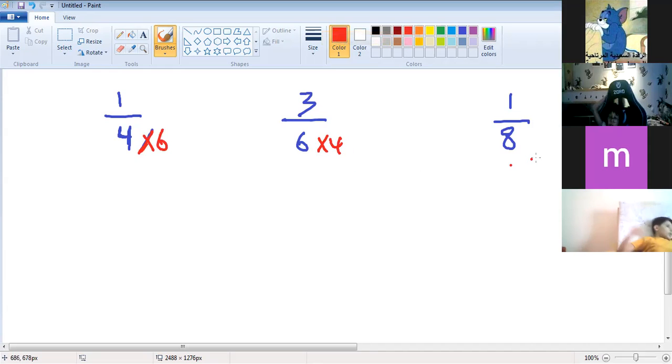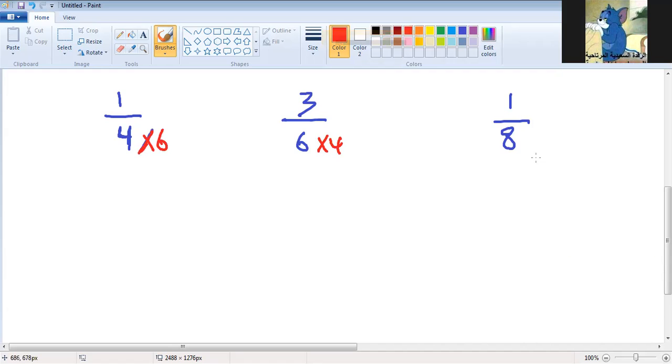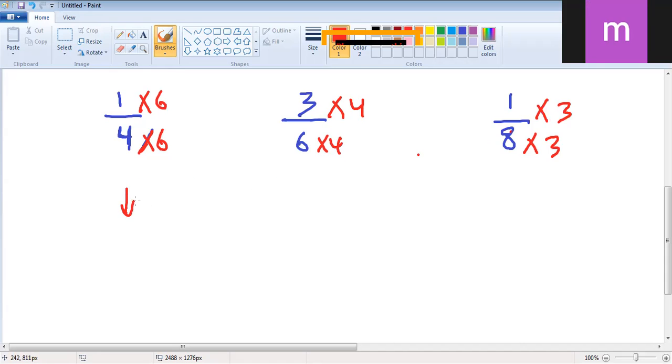And 8 multiplied by 3. So you have to multiply the denominator and numerator by the same number. Right, the new fractions?